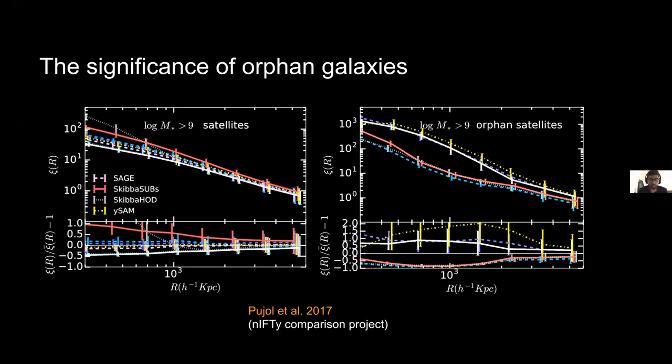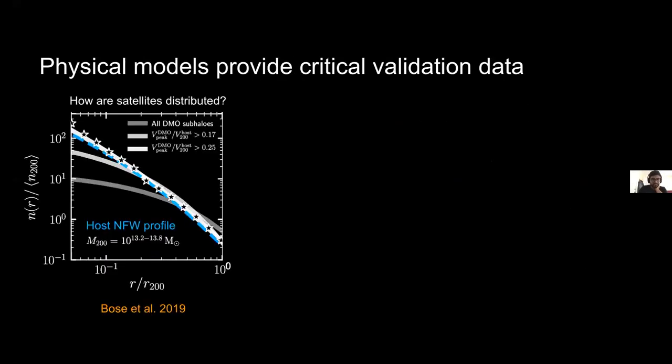And while there is model-to-model variation, the variation, especially if you compare the dashed lines, is not especially large, at least when compared to what happens on the right-hand side, which shows the clustering of galaxies when we start including these orphan populations, where there's quite a big discrepancy now between what different models are actually predicting, especially in the one halo term. And there's not only model variations, but the overall amplitude of the clustering is also increased relative to what happens if we just include the resolved satellites, which is what was shown on the left.